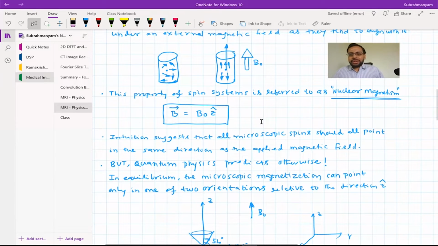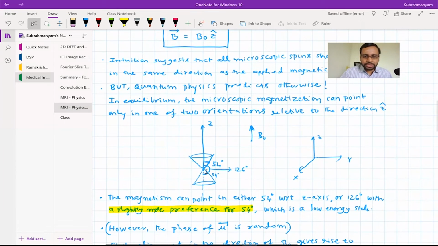One thing I had not made explicitly clear in the previous class, just to keep it general, is that this in fact doesn't just point in this direction. If my z is this way, this atom doesn't just point this way, but it rotates around its axis. Just look at the upper cone here; it keeps rotating. If you take hydrogen, it rotates at an angle of 54 degrees. I will not go into the quantum details of how this 54 arises, but it has two spins.